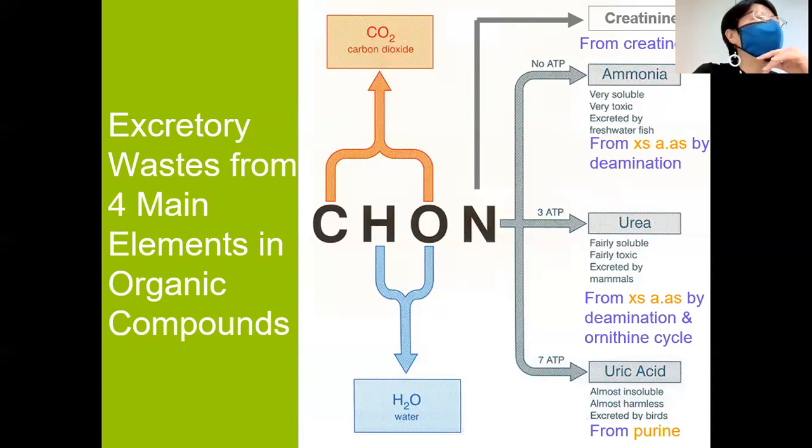So it supplies the phosphate to ADP to produce ATP, to ensure that there's always enough ATP for muscle contraction. The waste product is creatinine.